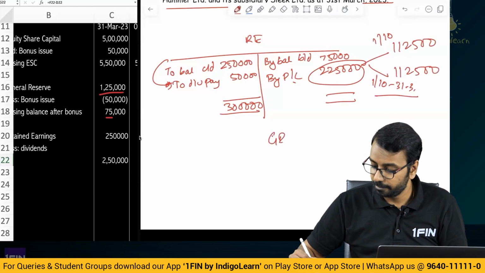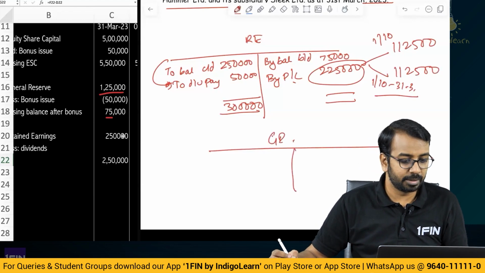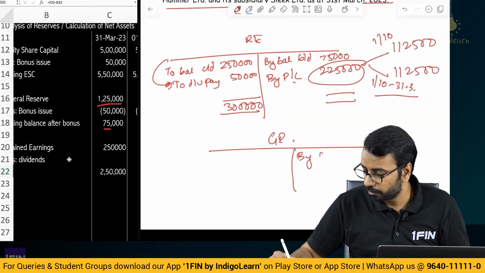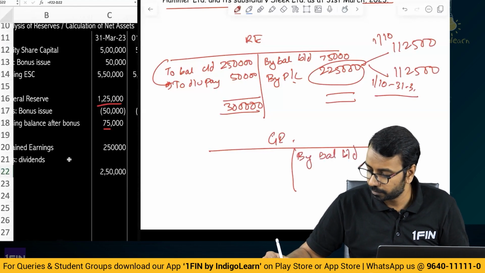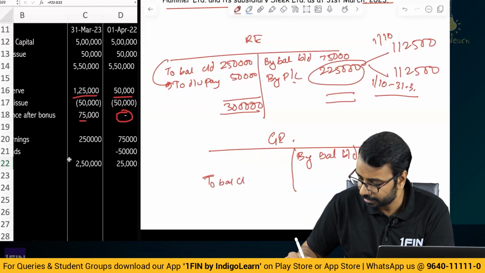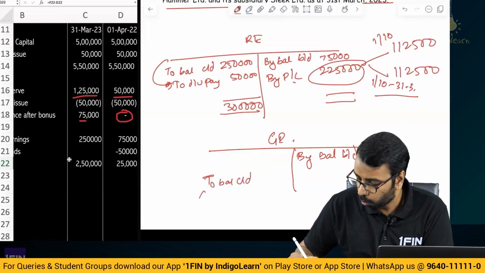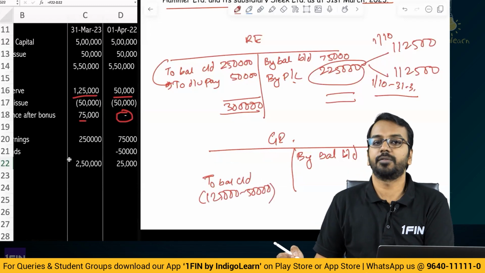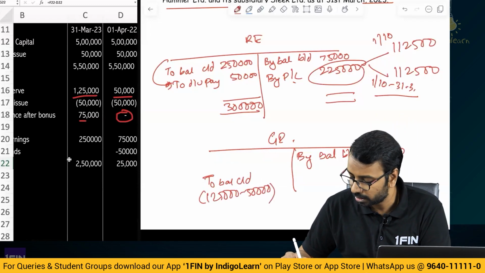General reserve, if you see, the opening balance they have given is 50,000. So by balance brought down 50,000. Then to balance carried down, how much? 1,25,000 minus 50,000. Sir, but they have given only 1,25,000 in the balance sheet. See, we have not given this adjustment.